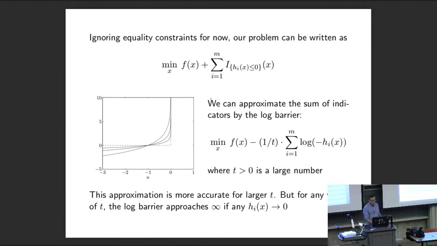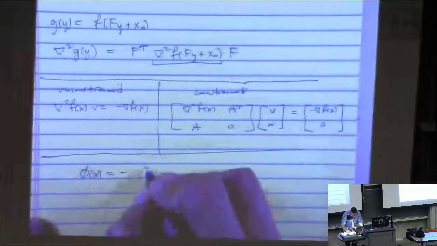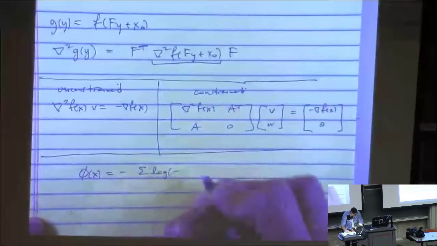We can approximate this indicator smoothly by negative log of negative x. That gives us a smooth approximation to the indicator, which is often called a barrier in the context of interior point problems. So phi of x was just minus the sum of log of minus h_i of x.